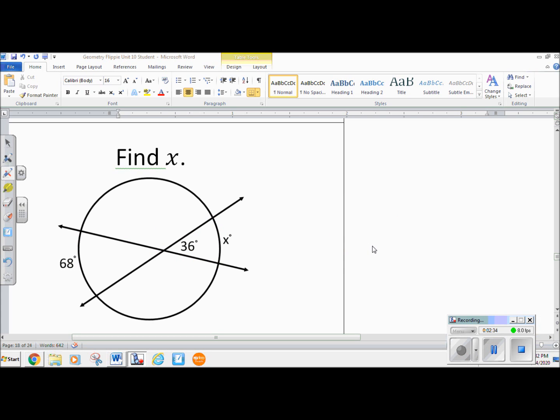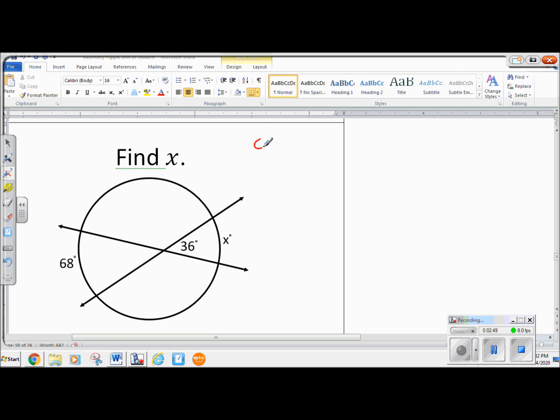Find x. Again, we have 2 lines that intersect the circle with angle and arc measures. The cone is equal to half the sum of the scoops.